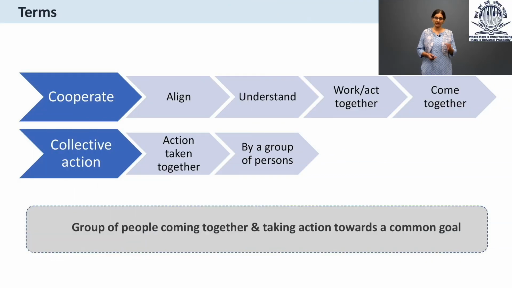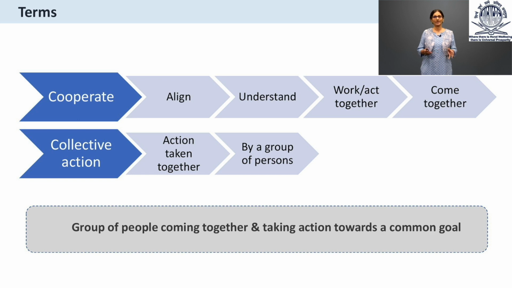So now, beginning with the words or terms that can relate to what we call a cooperative. First, the word cooperate, which means to align, to understand, to work or act together, to come together for a purpose, for an objective. So, cooperative from cooperate.